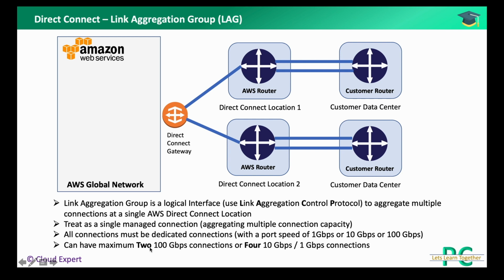You can have a maximum of 200 Gbps, or 4 10 Gbps or 1 Gbps connections, which you can aggregate in a LAG or link aggregation group. So as I explained, I can create 2 LAGs, LAG 1 for Direct Connect location 1 and LAG 2 for Direct Connect location 2. Hope this concept is clear to you.